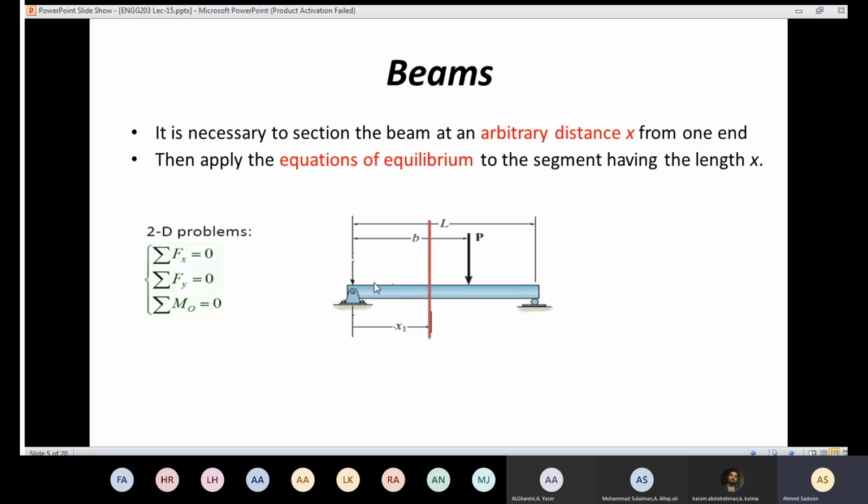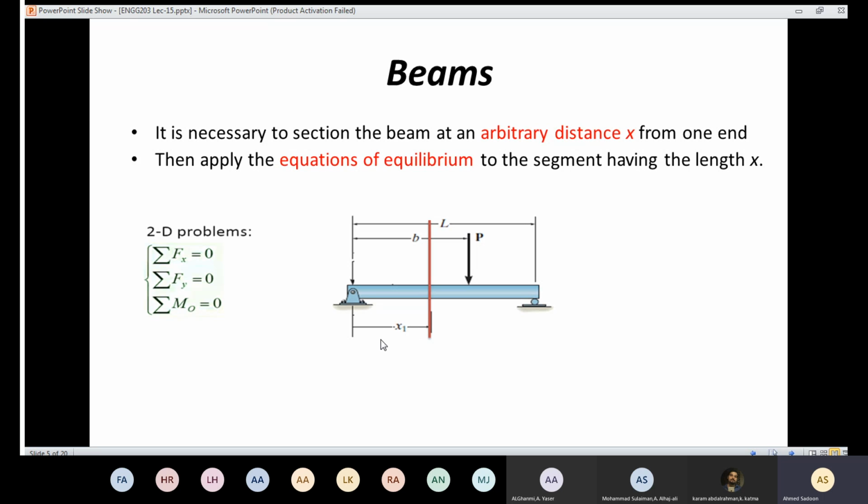And we are going to learn that we cannot use only one section to represent the whole beam, because we have discontinuity in many situations. For example, the concentrated force here is going to create a discontinuity.